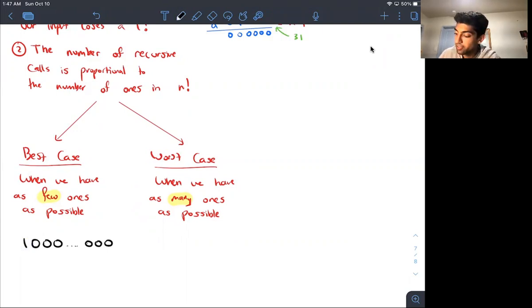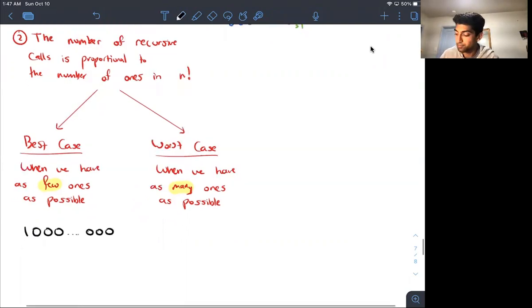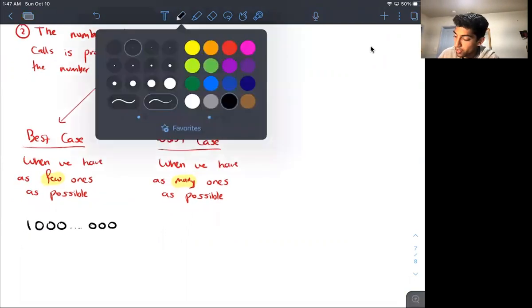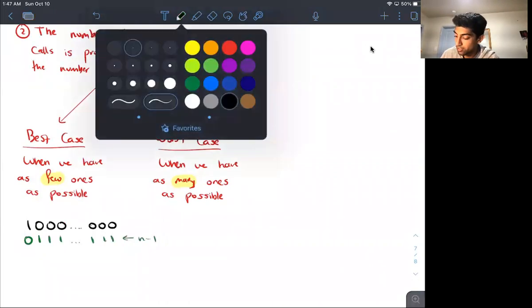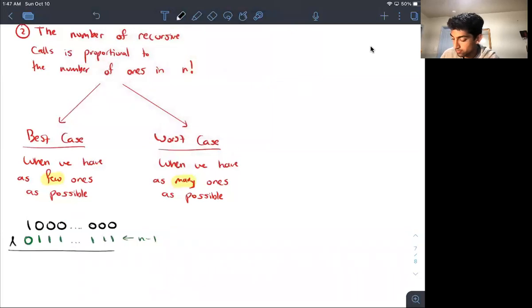So when we're looking at this input right here, notice that this is n minus 1. So when I add the two numbers, I get a bunch of zeros, right?